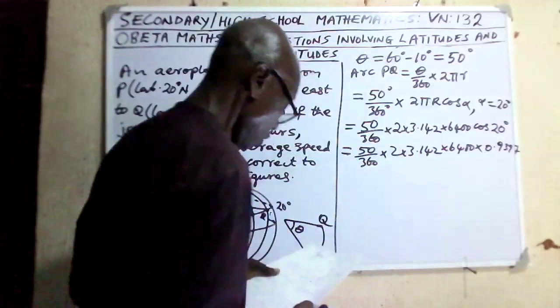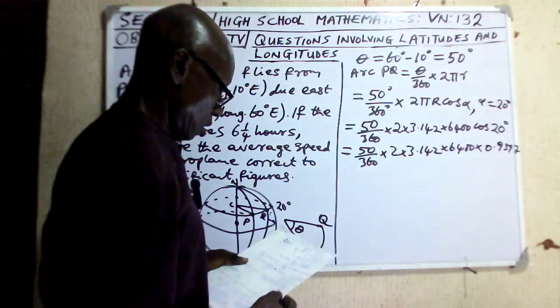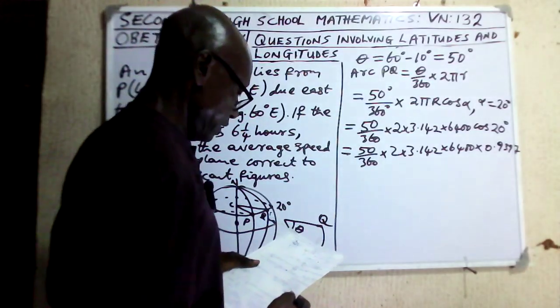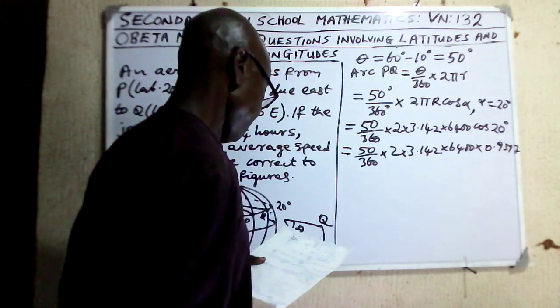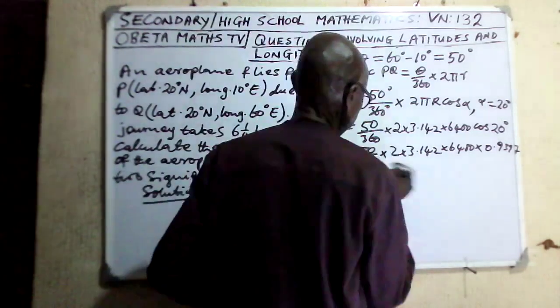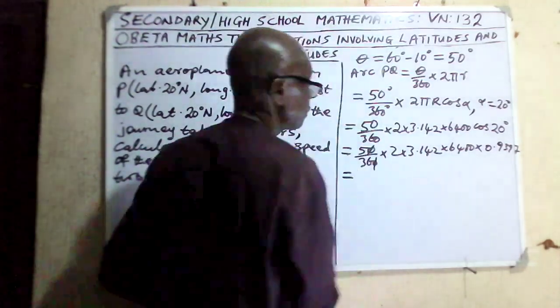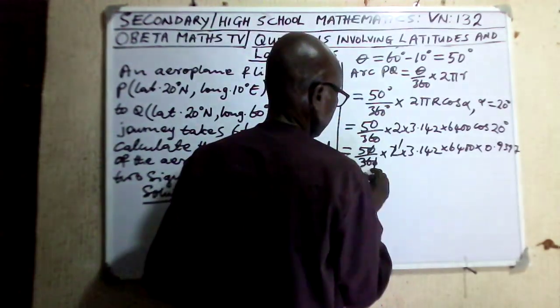Okay. So we move on, and if we divide, this will give us, we can reduce it. Then this is 1, this is 18.